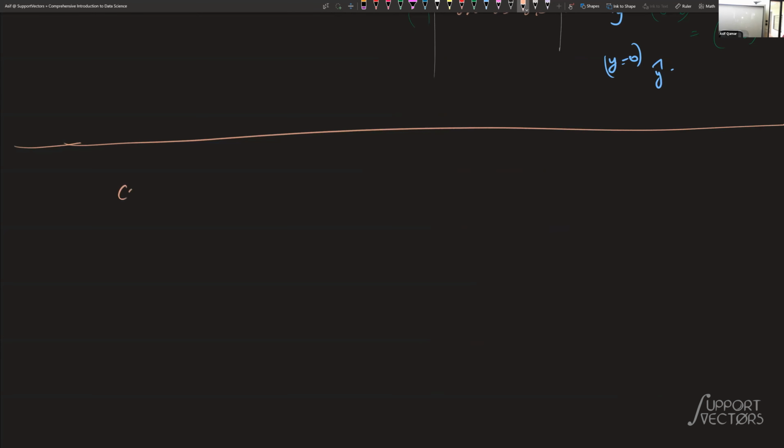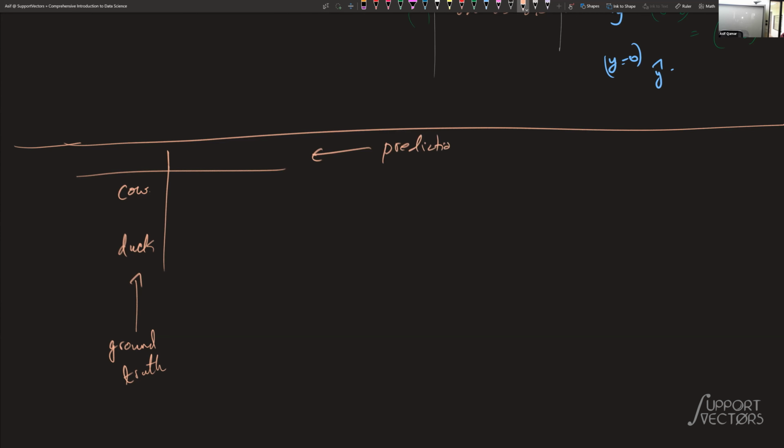Suppose you have cow and duck. This is your ground truth. And let's say your predictions are here. In other words, the columns have the ground truth, the rows are the predictions. So this is cow hat, duck hat.